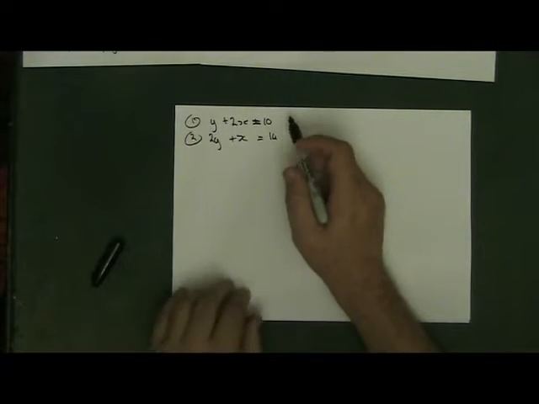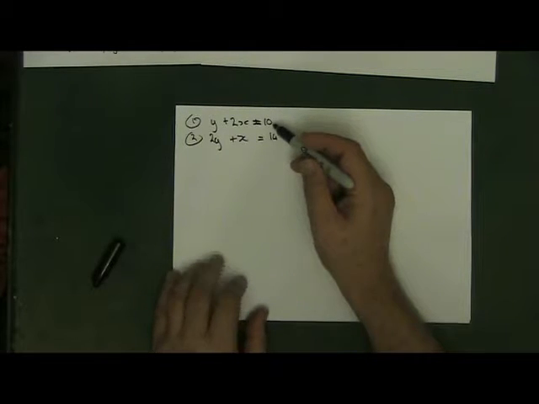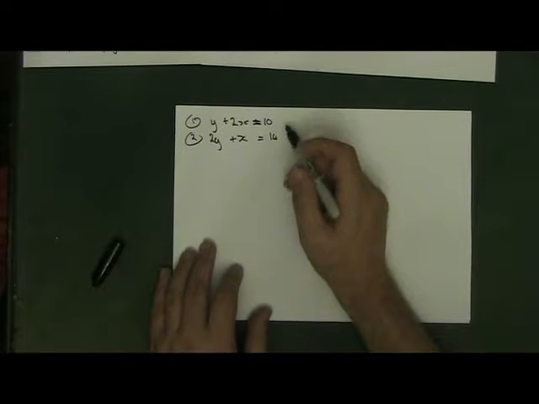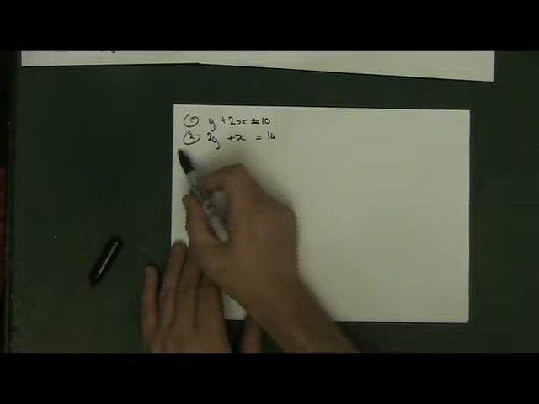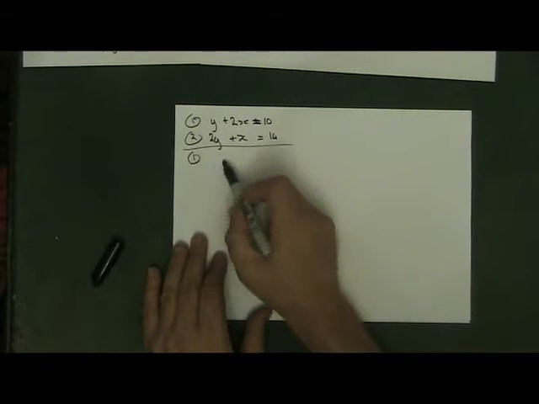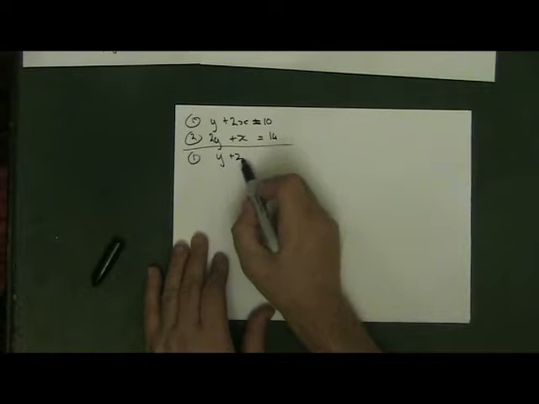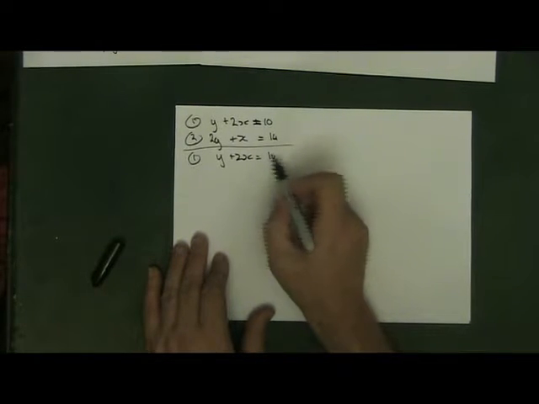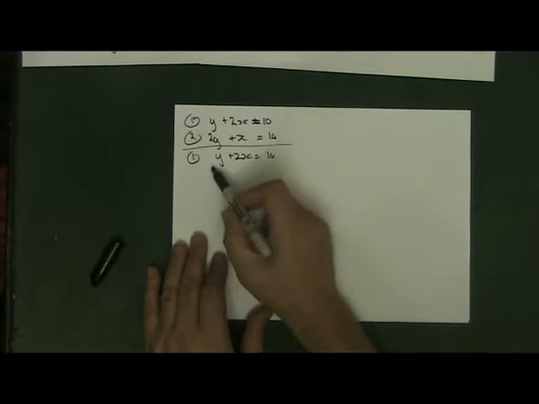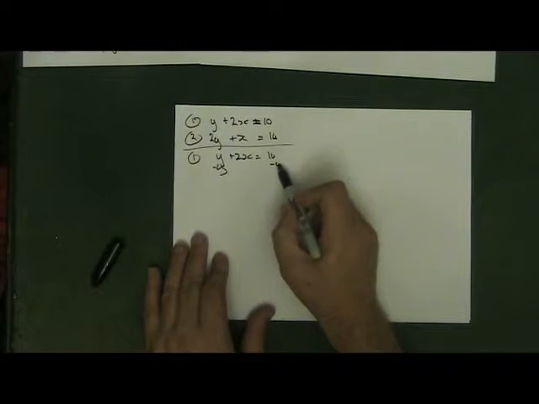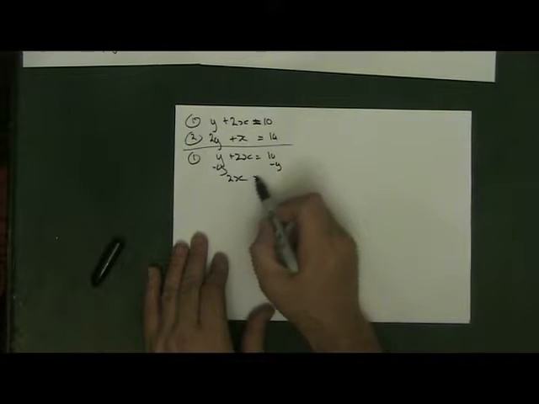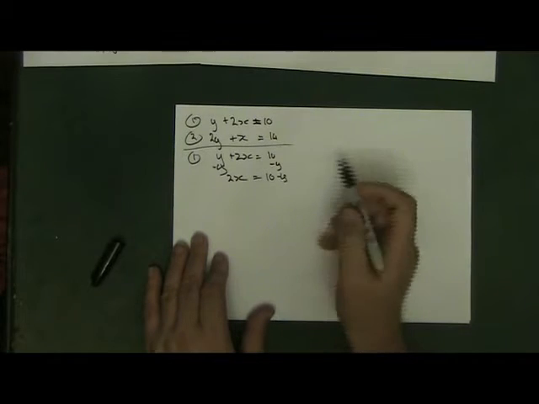Okay, so I'm going to need both of these equations to have x in it and rearrange for x. So let's do equation 1 first. I rearrange for x. So y plus 2x equals 10. So I subtract y from both sides. 2x equals 10 minus y.